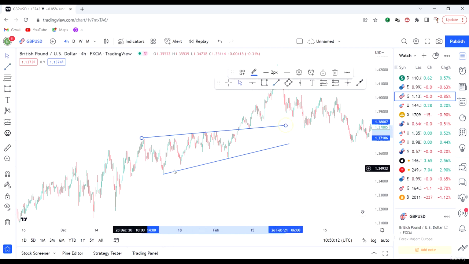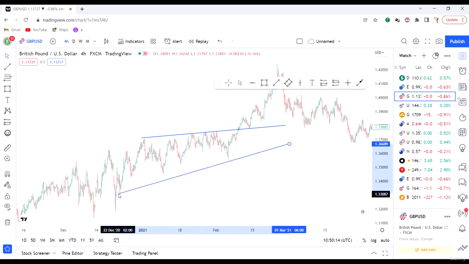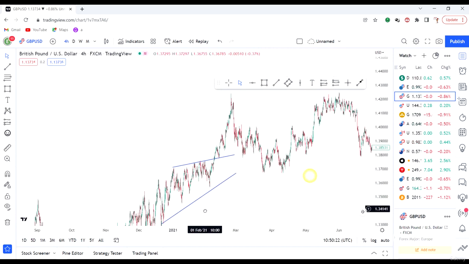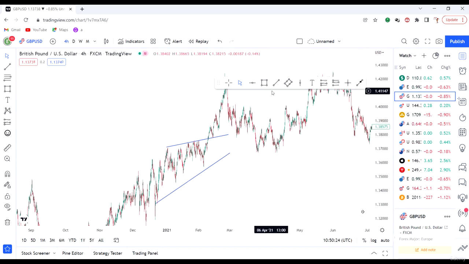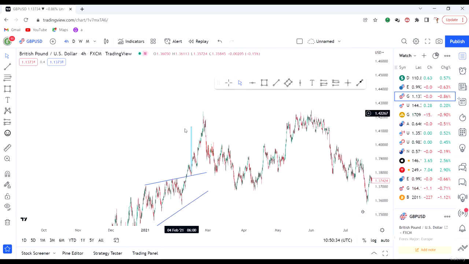So some could say this is a wedge also. So possibly, we could say this is a wedge. Came here, rising wedge again, then broke out, and we can see the profit it made from here to here is approximately the same as when it broke out. Broke out here, you buy here when it retests. Okay, so this is breakout trading.